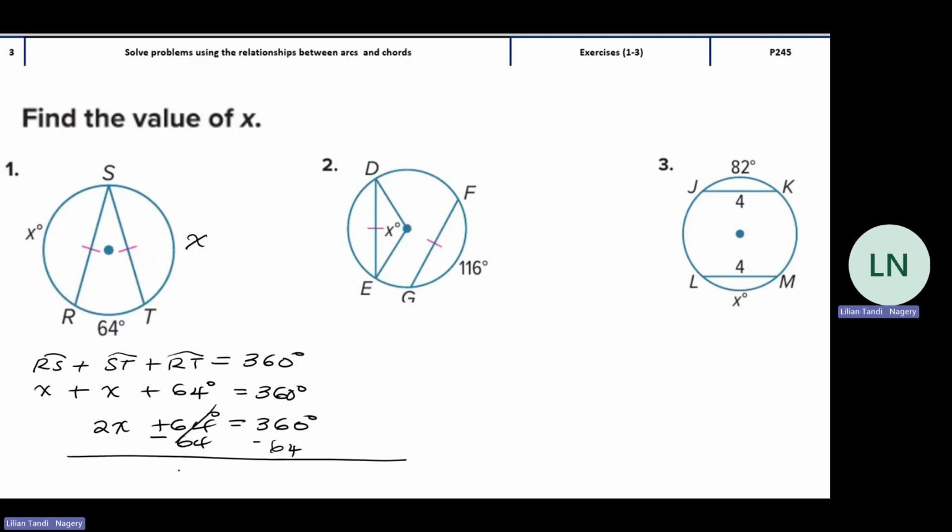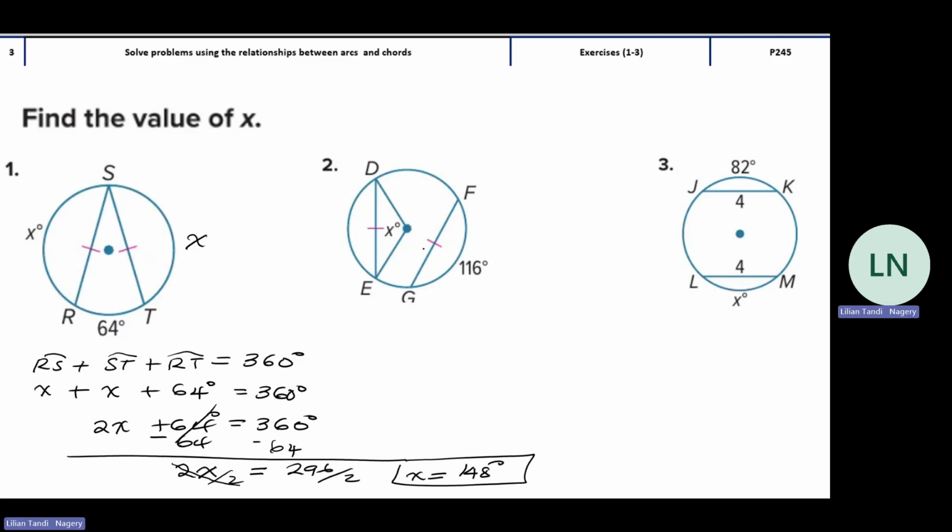And this should give you 2x equals 296. And then you divide by 2, x equals 148 degrees, and this is your answer.